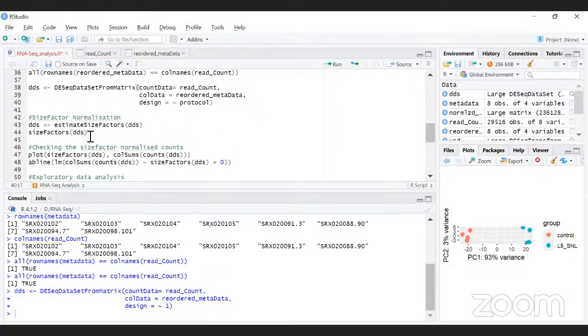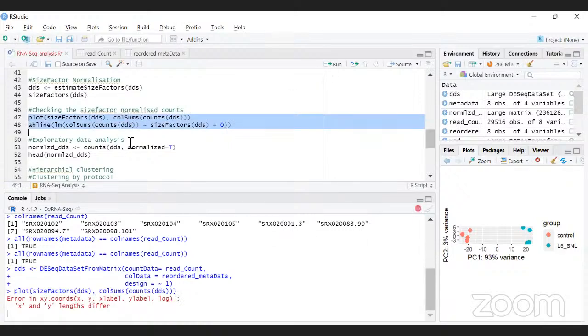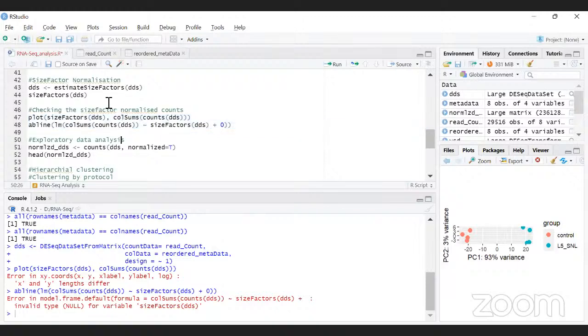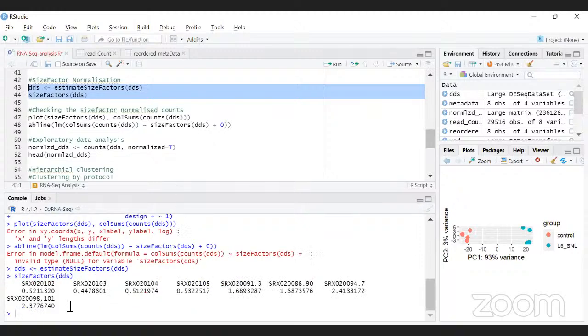Initially we had looked at the size factor normalization, right? You can get the size factor normalized data using this particular function. Let me show you. These are the size factors that have been calculated for each of the samples.